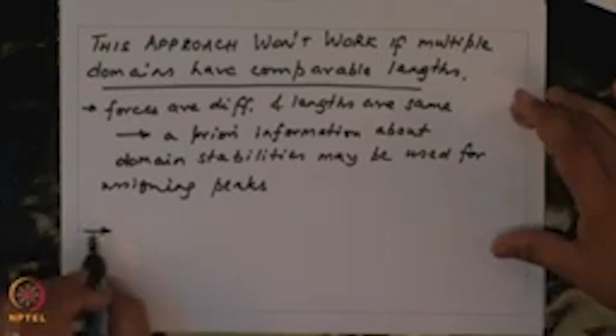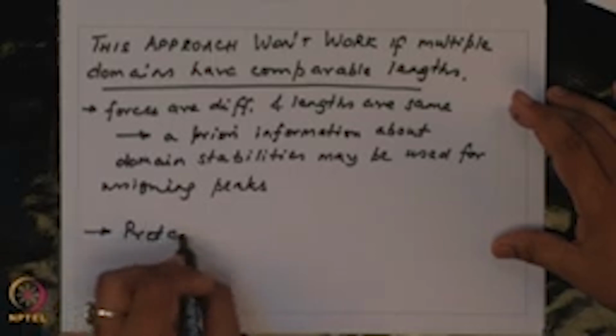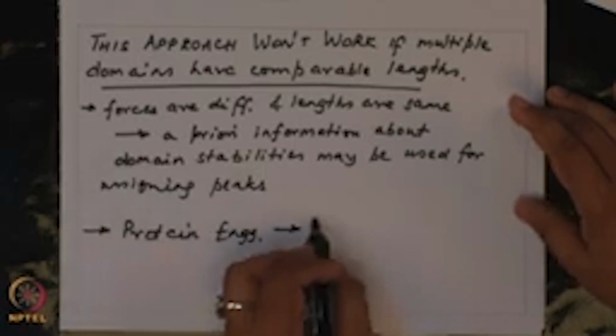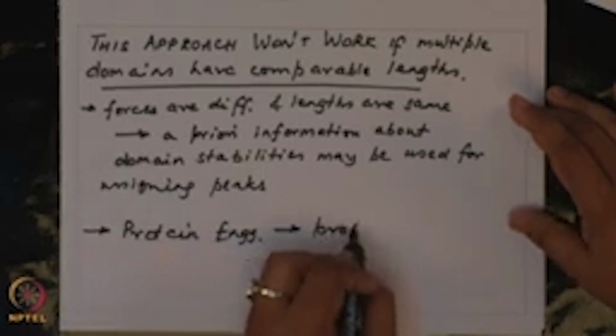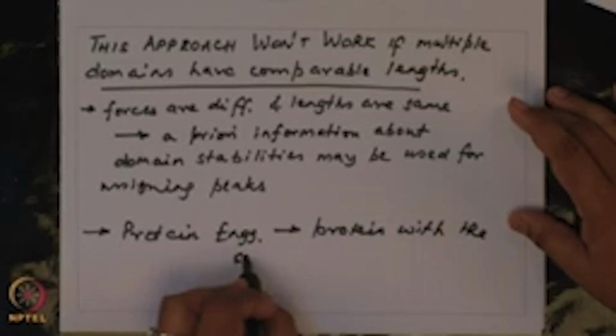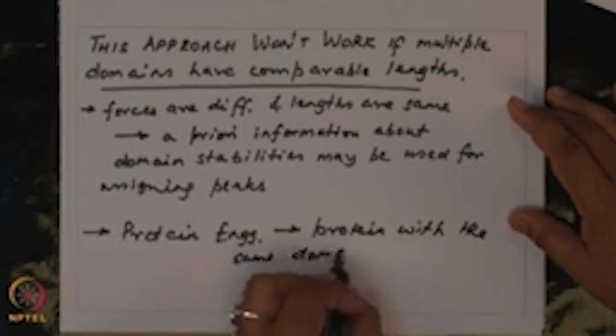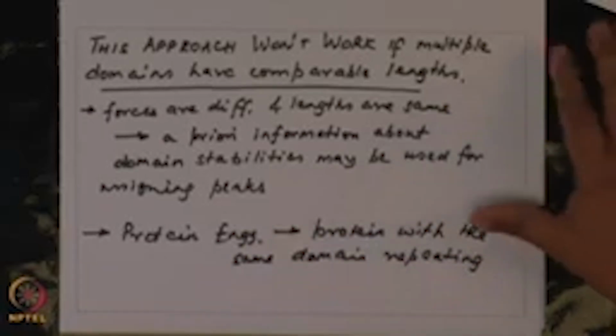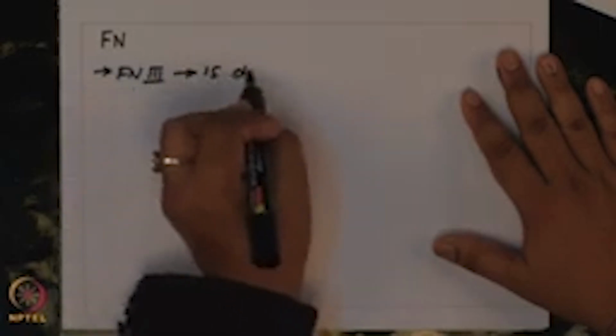So what is done in these cases is using protein engineering, where you make a polyprotein, a protein with the same domain repeating. Now, let us take the case of fibronectin. The FN3 itself has 15 domains.